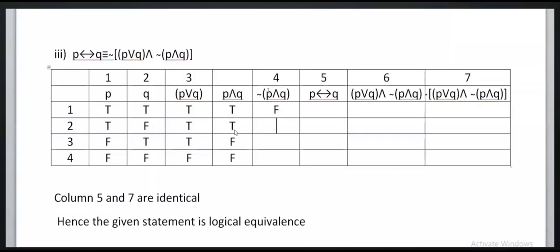I think there is a mistake again. Here must be F. I will change it. Now next is negation of this, F. There is a mistake here. I will change it afterwards. Now double implication between P and Q. If both of them are the same, then it is true, otherwise false. TF is F, FT, and next is T.